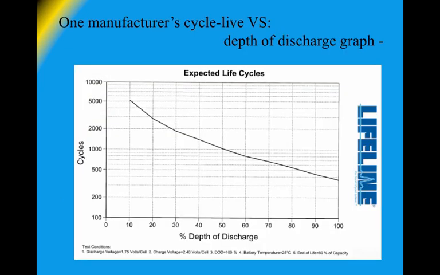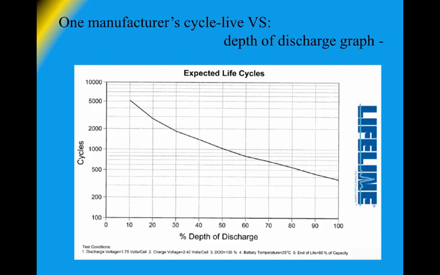So here is one manufacturer's cycle life versus depth of discharge graph. We can see that our expected life cycles at 80% are roughly 10% of what a depth of discharge of only 10% would be. And if we compare a 50% depth of discharge, we're getting, roughly speaking, 1,000 cycles with this particular brand of battery.